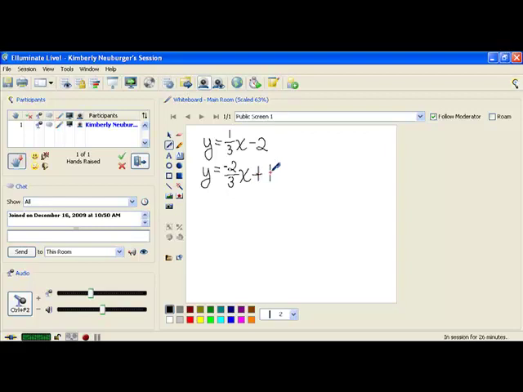Okay, now for this first situation, actually let's get a coordinate plane on here and then we'll go ahead and graph it. We want to go ahead and graph the first one, and then we're going to graph the second one, and then we're going to read off the coordinate plane as to where they actually cross.